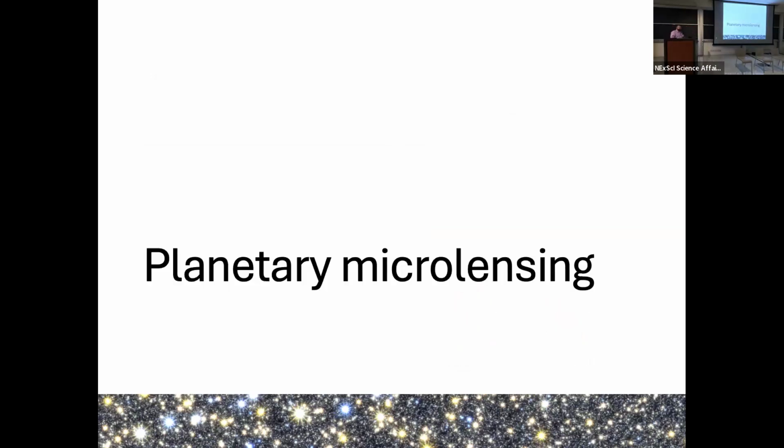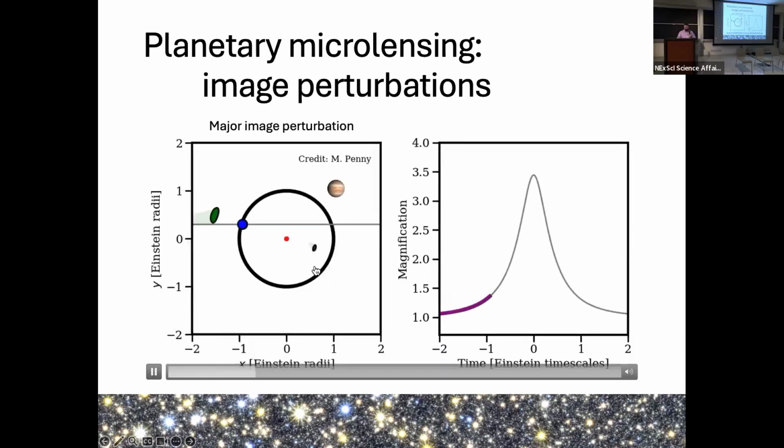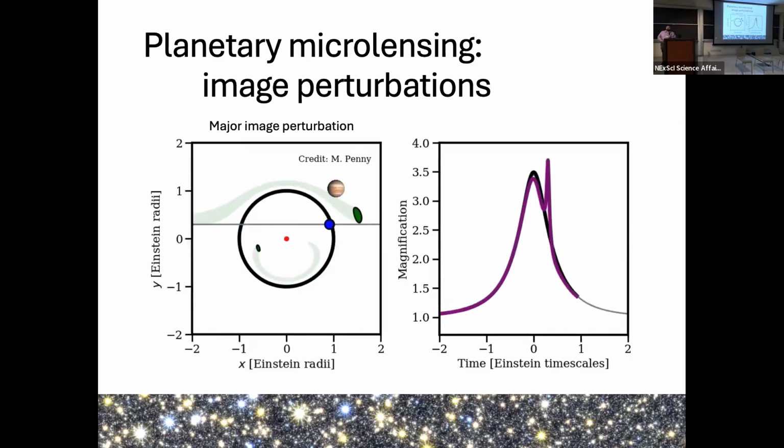Okay, that's single lenses. On to more complicated lenses such as planetary microlensing. I'll start out with the simple picture. We can imagine planetary microlensing in a perturbative sense. Sorry for those artifacts on the images.